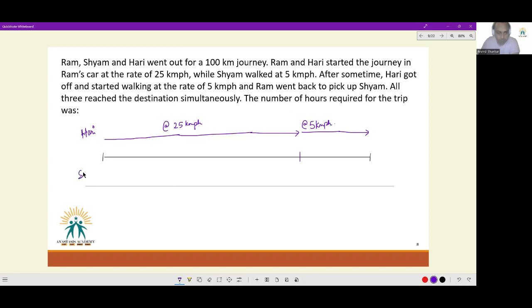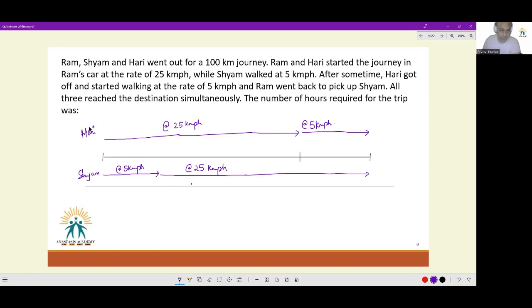How about Sham? What is he doing? Sham is first traversing at the rate of 5 kmph. He's first walking, and then when Ram comes back to pick him up, in his car, he is traversing at the rate of 25 kmph.